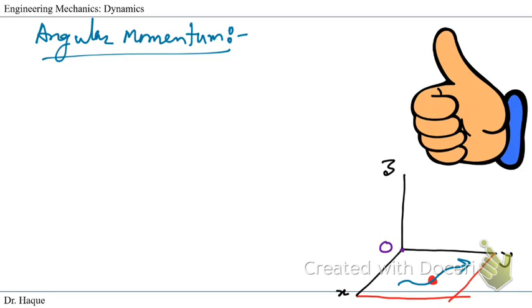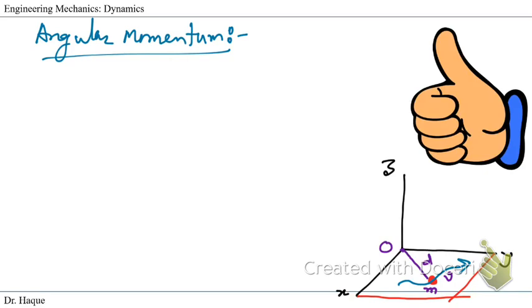The perpendicular distance of the particle, which is the shortest distance, we say is d, and the mass of the particle is m and it is moving at that instant with a velocity v.